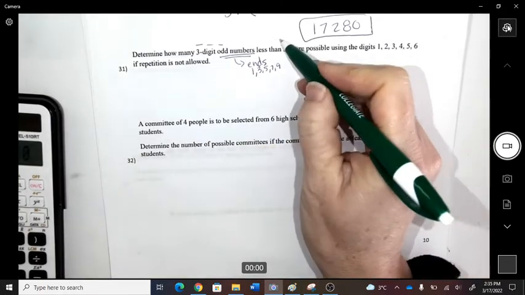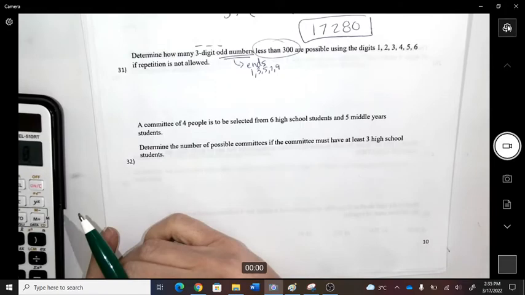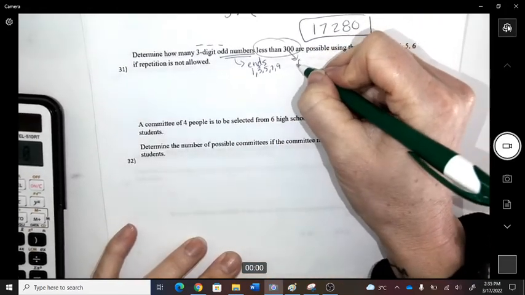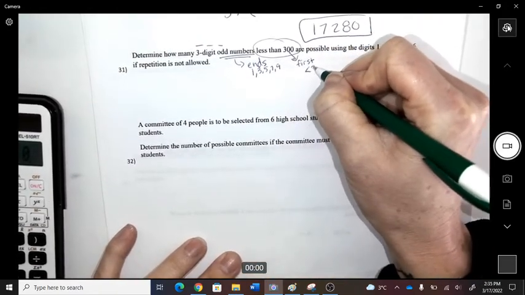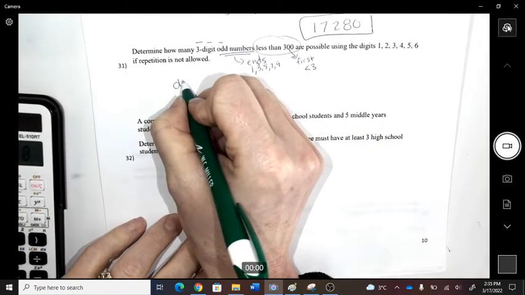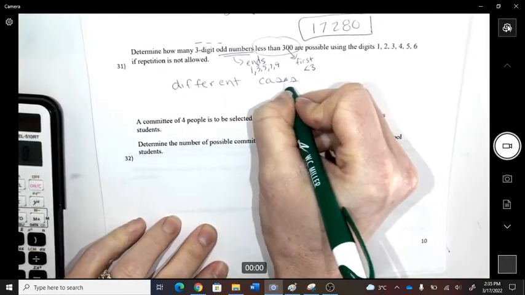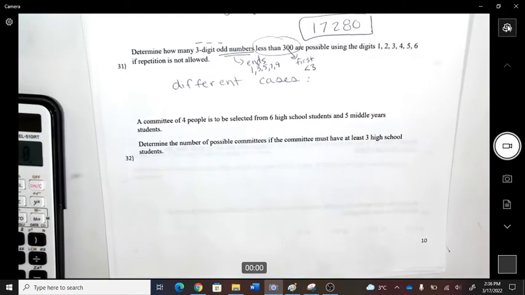And how do you know if something is less than 300? The first number has to be less than 3. Okay, so you have to know some common sense about numbers to do this question. Okay, I'm going to do different cases. So when I do different cases, this could have happened or this could have happened.